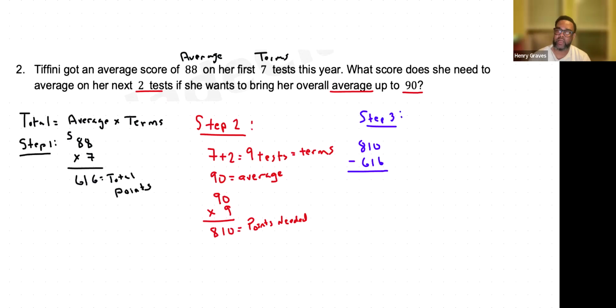Make sure I'm doing my math right. This is 10. This falls from 1 to 10. This is then 7. So that's 194. Yep, 194.